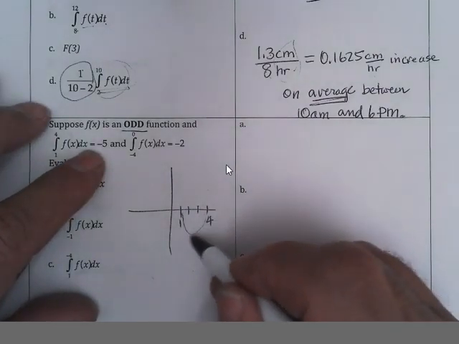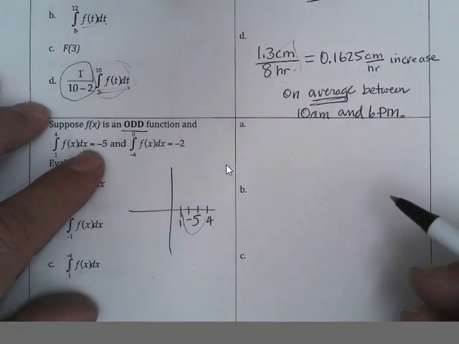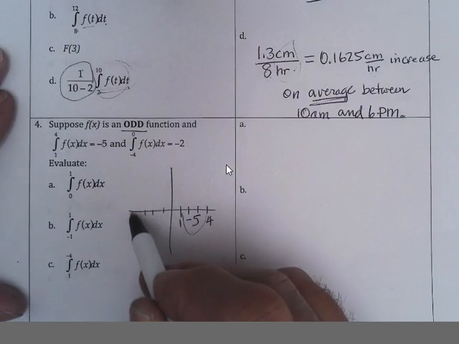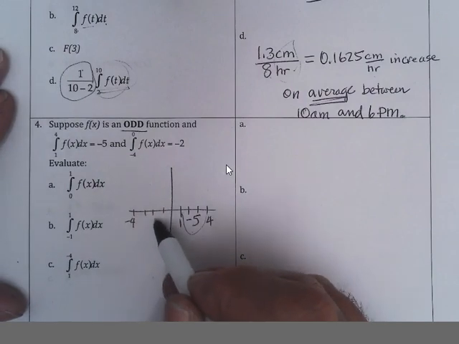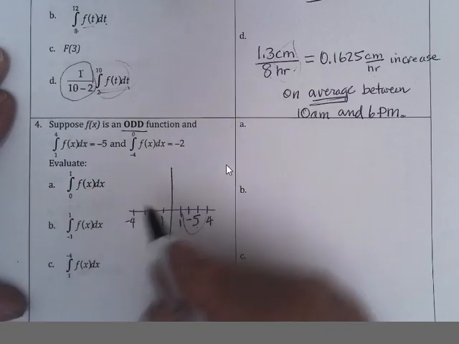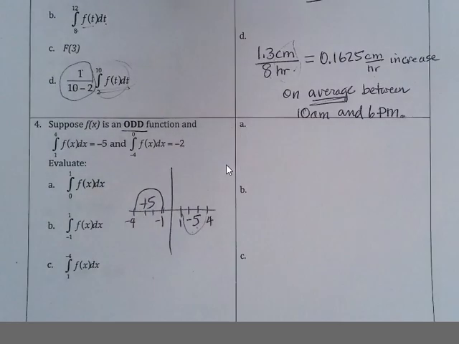Now, there might have been some positive, but the total is negative 5. Well, that means that between negative 4 and negative 1, reflect over here, this has to be positive 5 total. Again, there might be some positive and negative, but the total is 5.